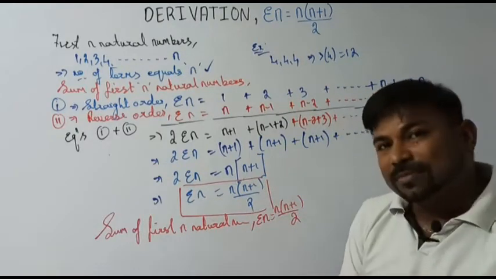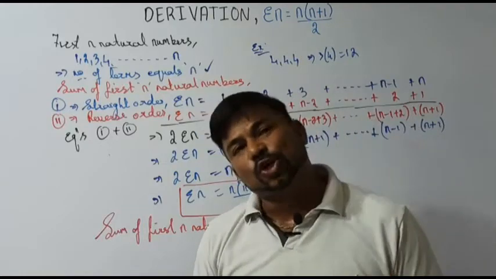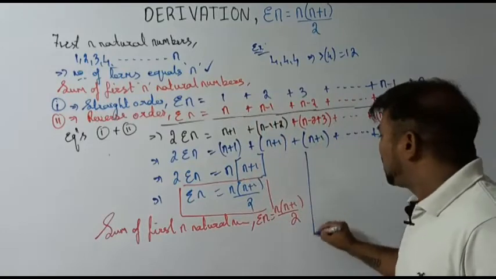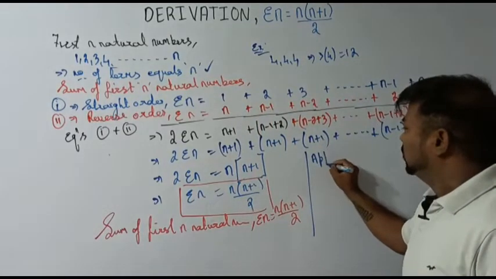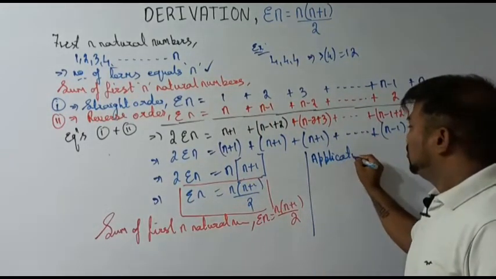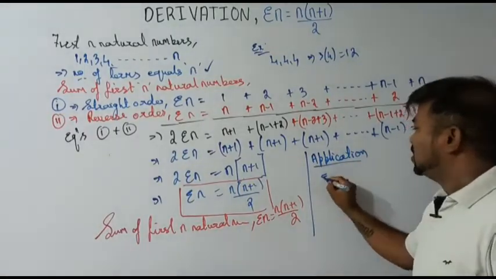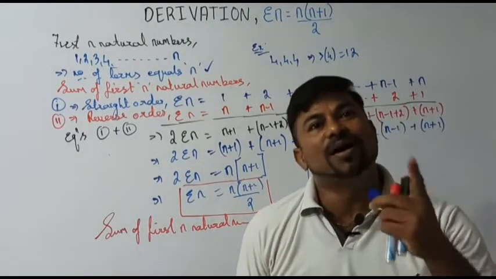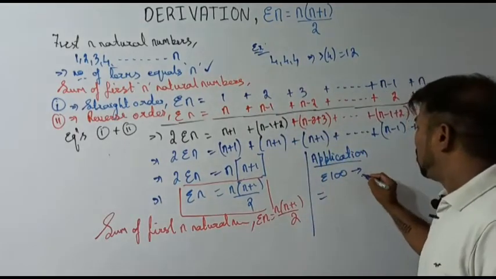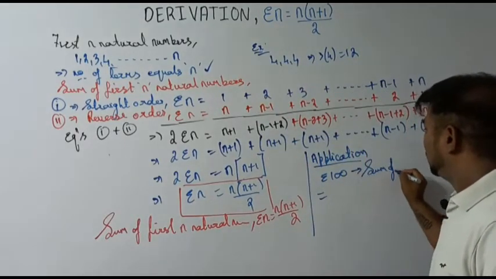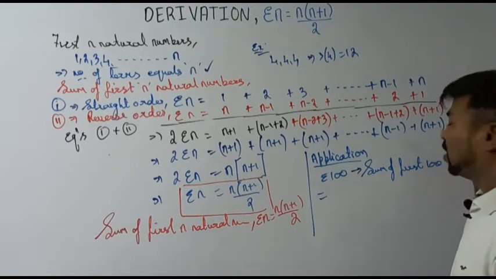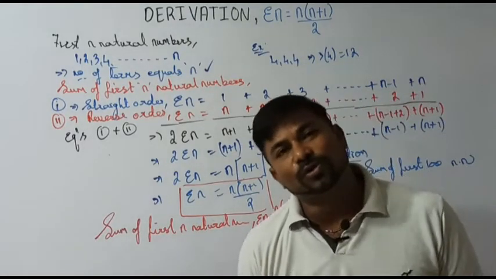Okay, but at the beginning of the sum itself, I said to you, what is the use of this one? What's the application of that? So, let us apply it somewhere. We are dealing with application. If you are asked to find the sum of the first 100 natural numbers, sigma 100, then what do we do?